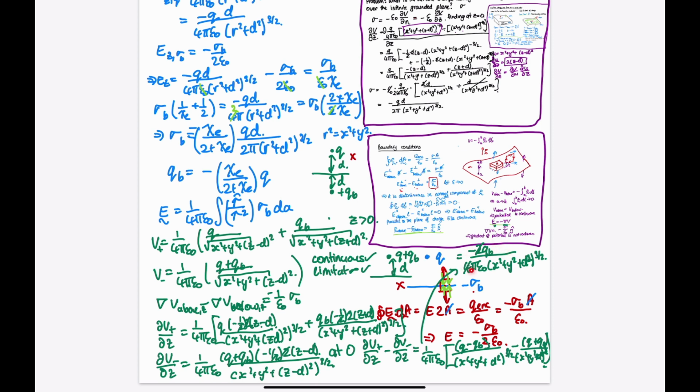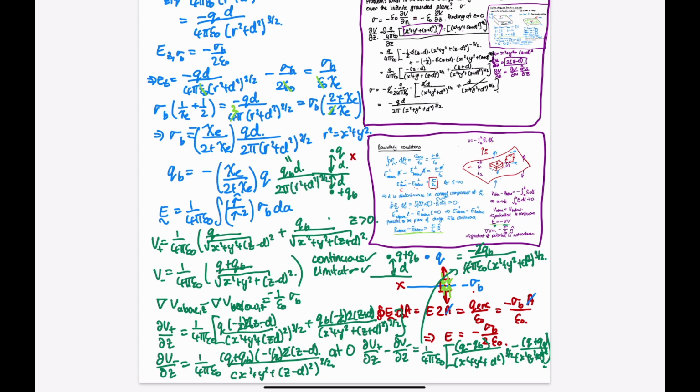Okay, so we wanted this thing here to be equal to minus sigma b over epsilon naught. So here's sigma b, and if we replace this part here with QB, then this is equal to QBD divided by 2 pi r squared plus d squared to the 3 on 2.